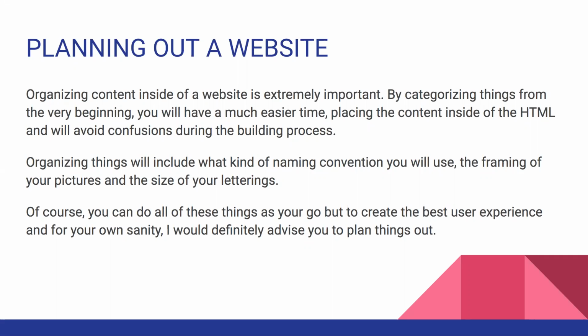By categorizing things from the very beginning, you will have a much easier time placing the content inside of the HTML. And you will avoid confusions during the building process if you manage to actually go through the step-by-step process.